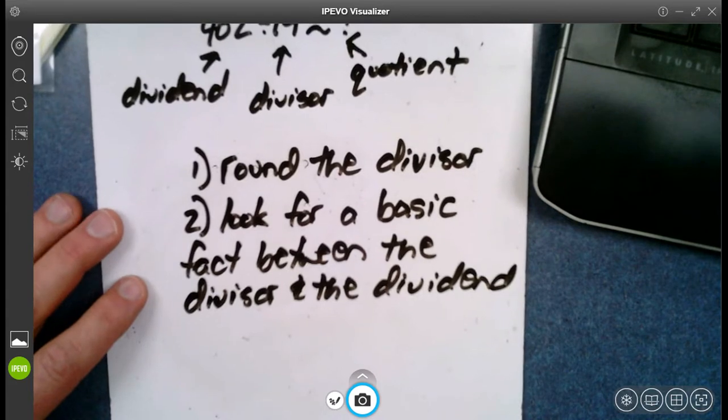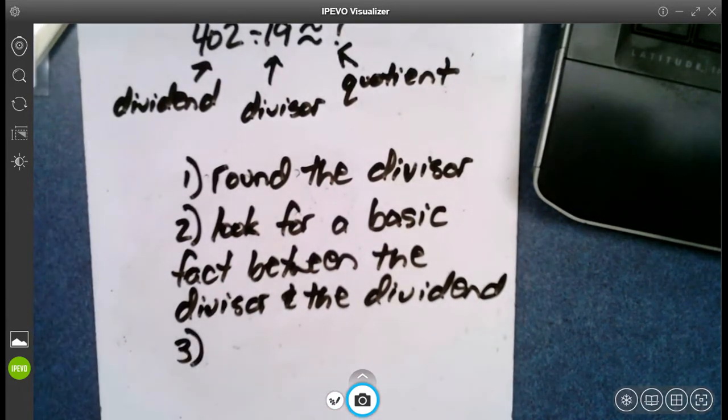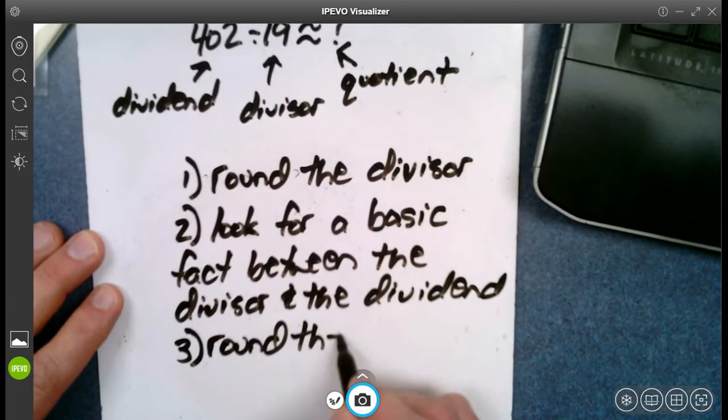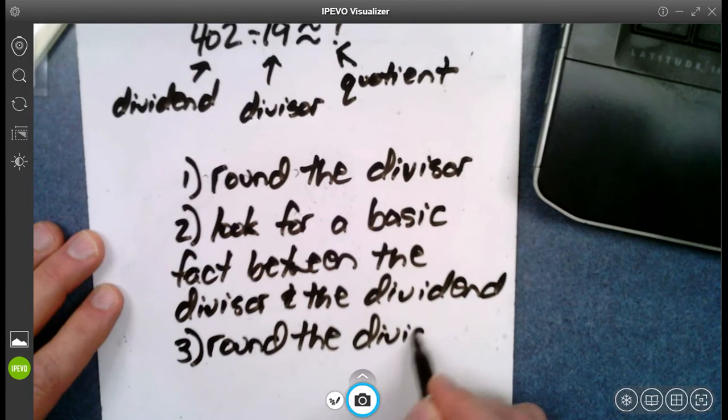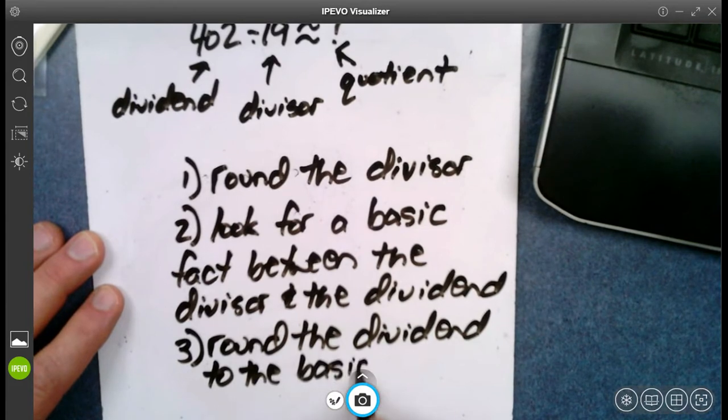Okay, I look for a basic fact between the divisor and the dividend. Third thing I do is I round the dividend to the basic fact.